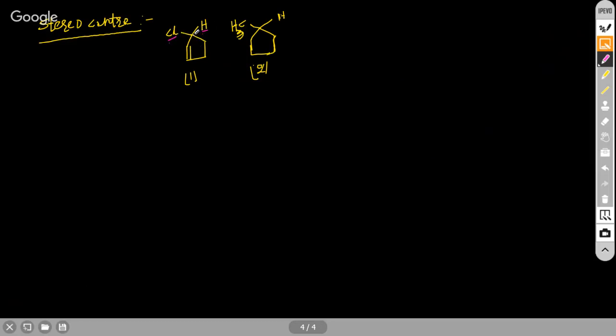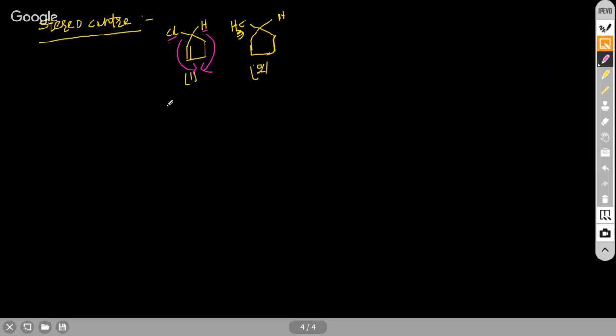Now we have to decide what the other two groups attached to this carbon are. For that, we go clockwise and anti-clockwise. If the path is the same in both directions, it means the same atoms or groups are attached to that carbon.